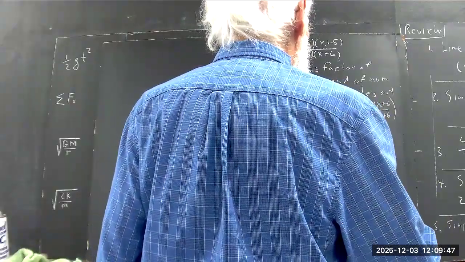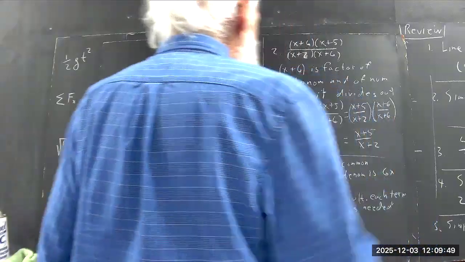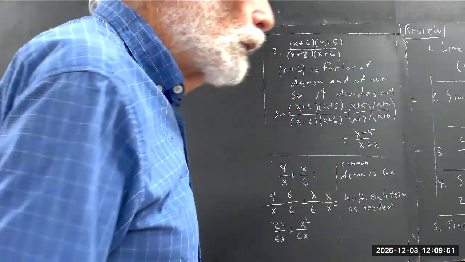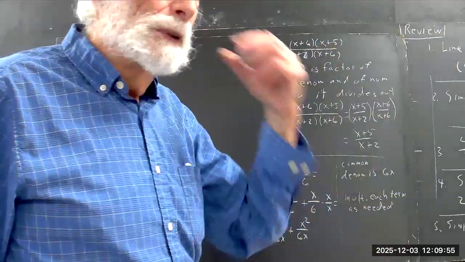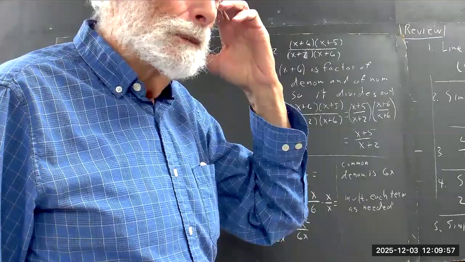I'm just going to say multiply each term as needed. I don't want to write out a whole paragraph about being careful that your numerator is the same as the denominator, okay?